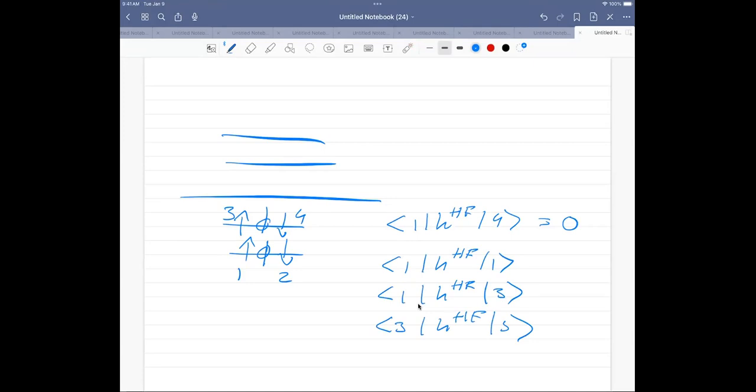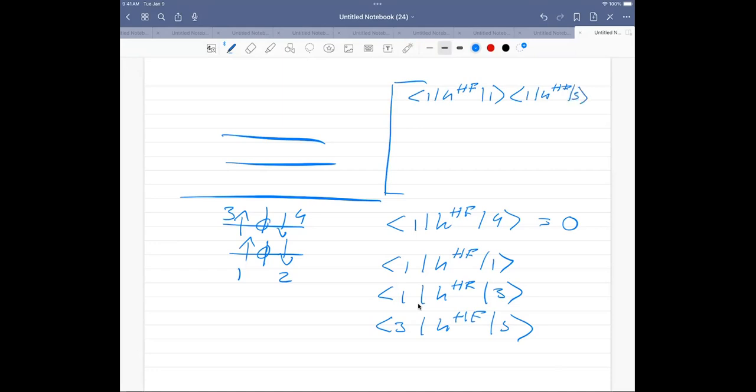So you could have a block with a 2 by 2 for the spin up, and a block of 2 by 2 for the spin down. So your Hartree-Fock matrix in that case would look something like this. You would have this block, 1 Hartree-Fock 1, and then 1 Hartree-Fock 3.